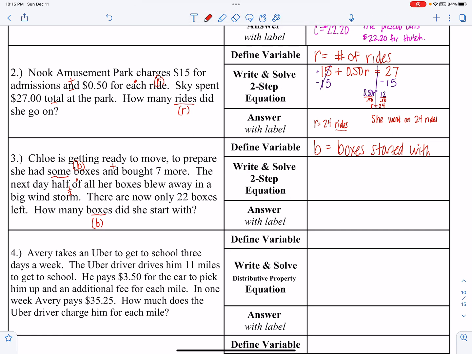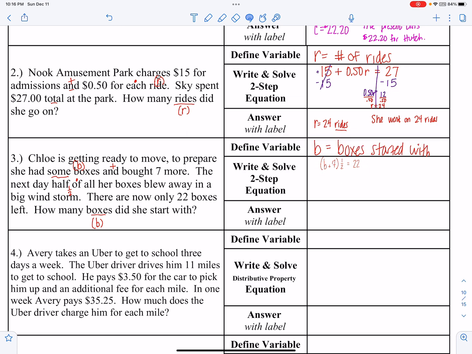In order, we have some boxes plus 7 more. After that, half of her boxes blew away, so that'd be times 1/2, equals the 22 boxes. We could write it like that, or I could put the entire B plus 7 over 2 if I wanted. There are a couple of different ways you could write it. Let me shrink this up.